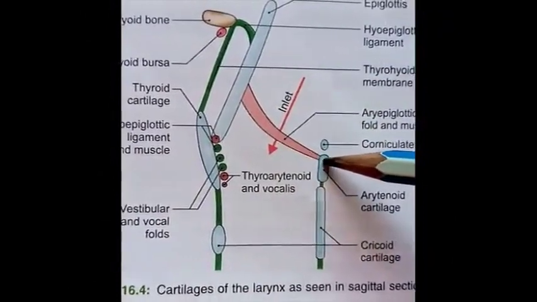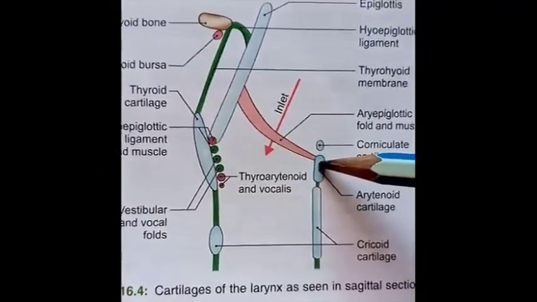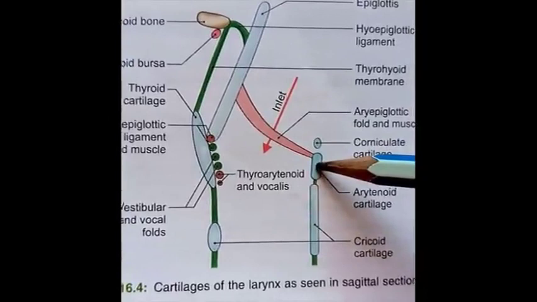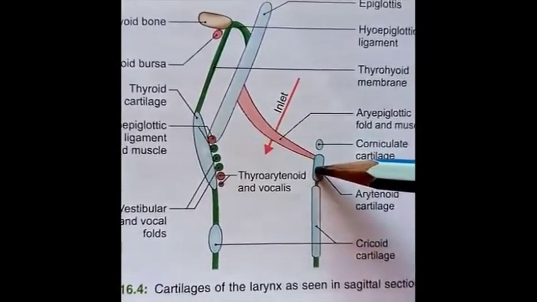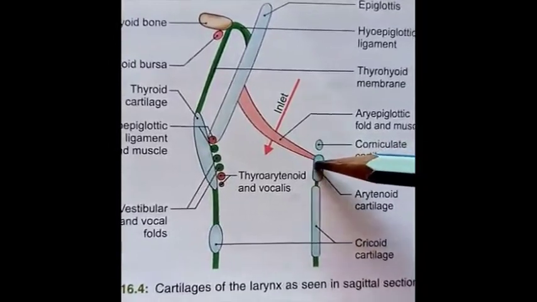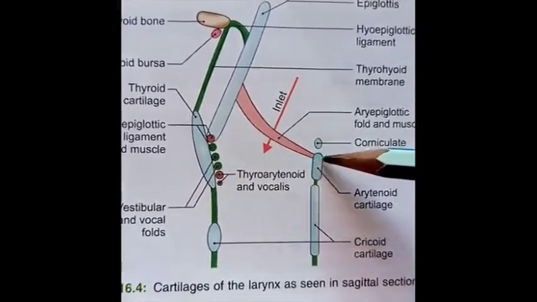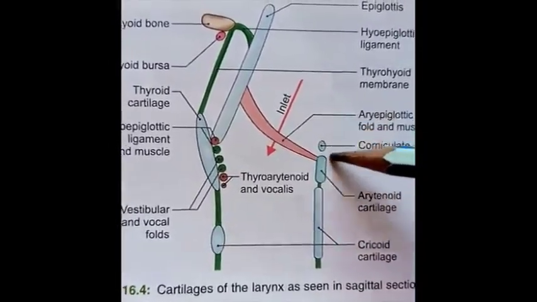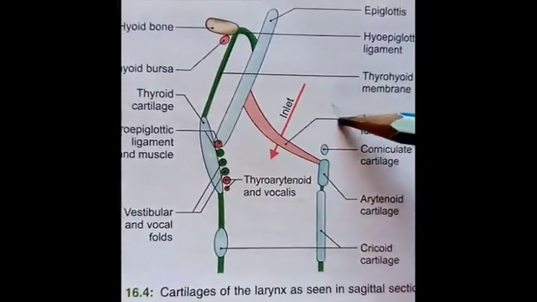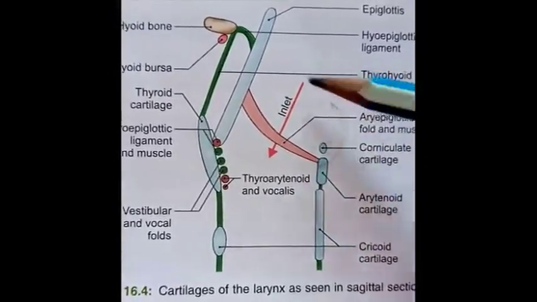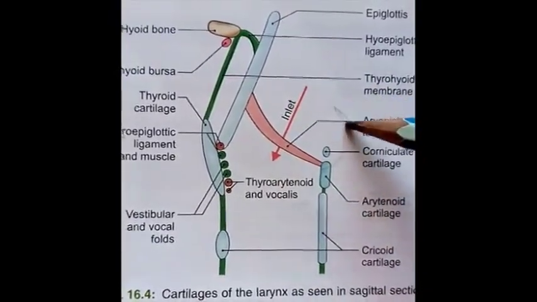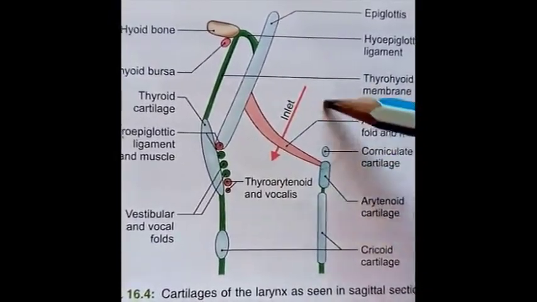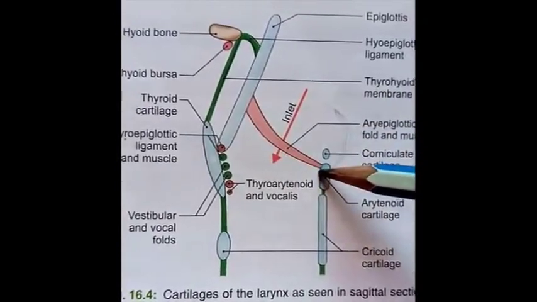Posteriorly, it is bounded by a fold of mucous membrane connecting the two arytenoid cartilages. The arytenoid cartilage is present at the upper border of the cricoid cartilage. From one arytenoid cartilage, there is an extension of a fold of mucous membrane towards the other arytenoid cartilage. So the inlet of the larynx, this area, is bounded posteriorly by a fold of mucous membrane present between the two arytenoid cartilages.